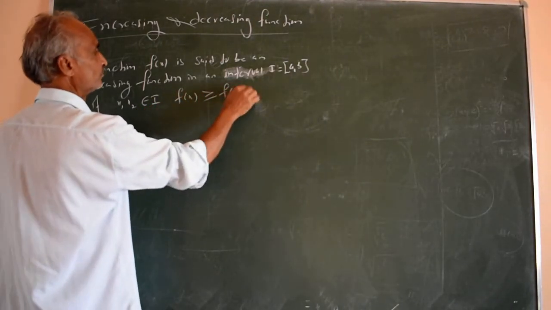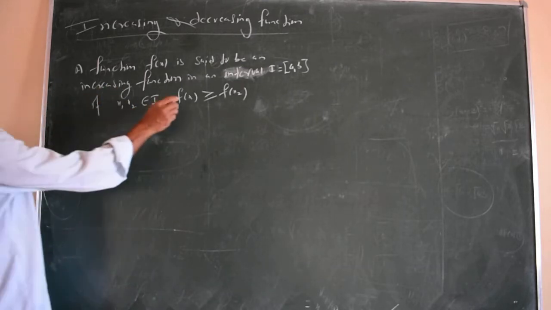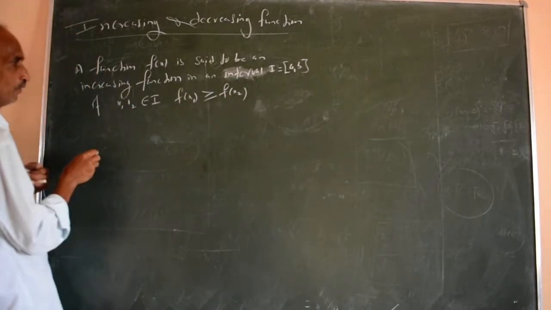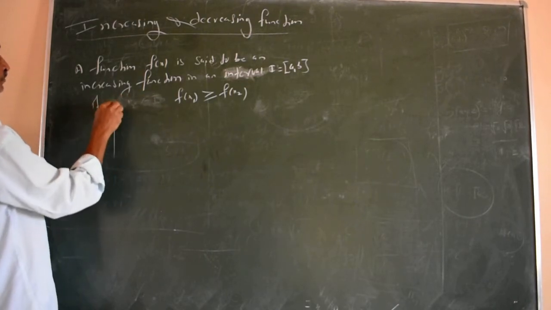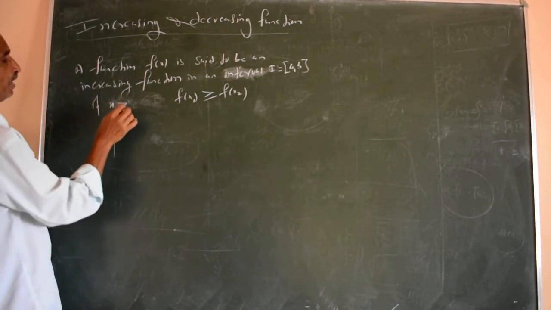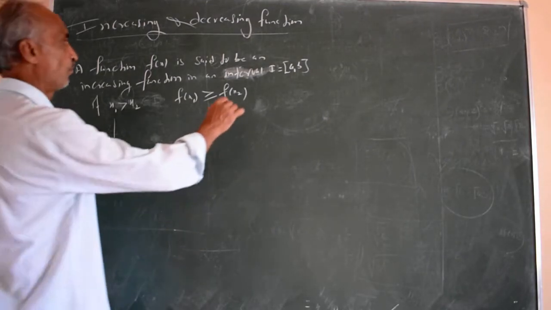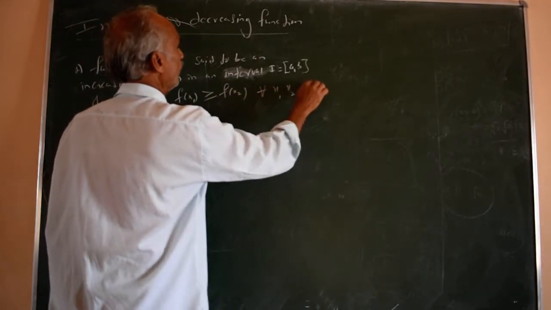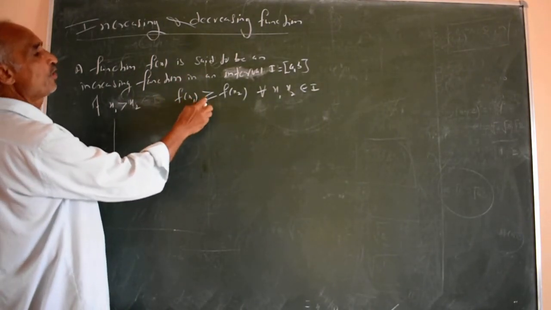That is, if x1 and x2 belong to an interval I and x1 is greater than x2, then f of x1 should be greater than or equal to f of x2, for all x1, x2 belonging to the interval. If the x1 value is greater than x2, but the f of x1 value is also greater than or even equal to f of x2.